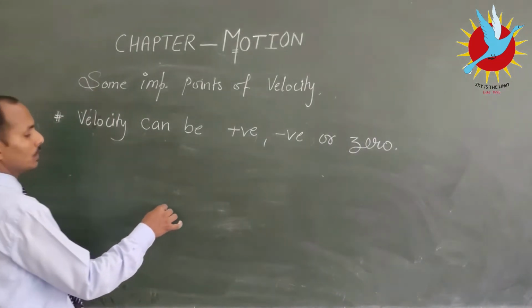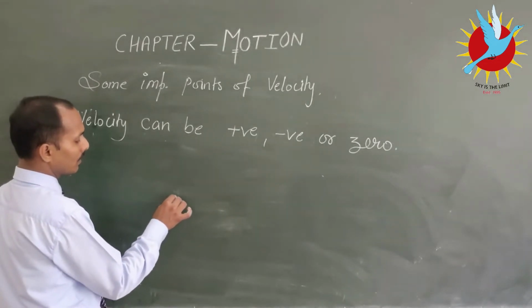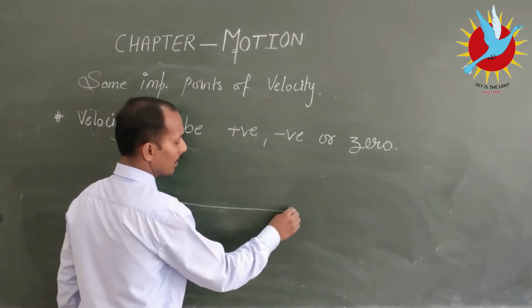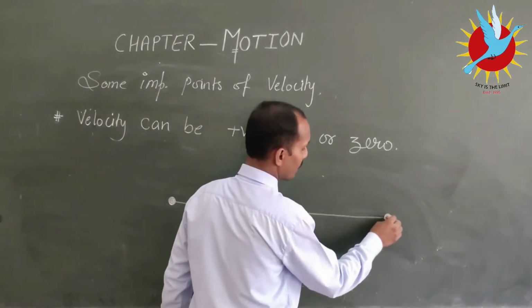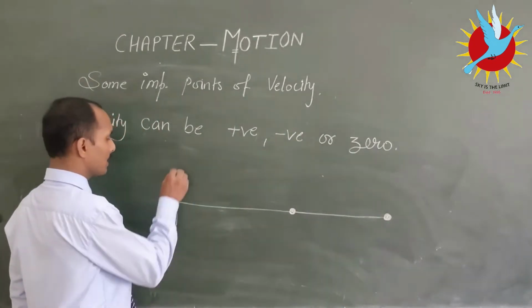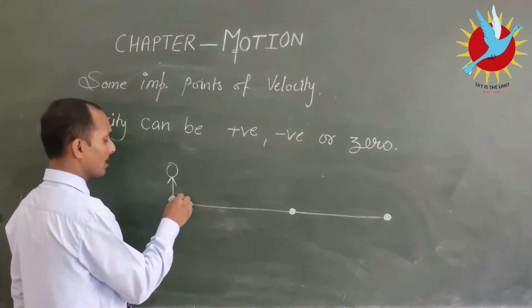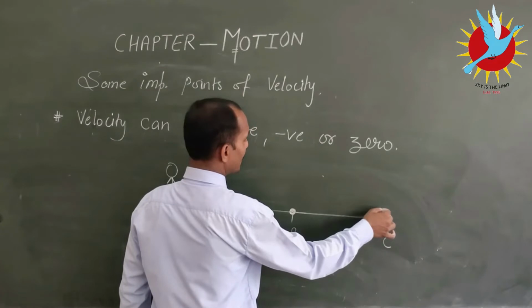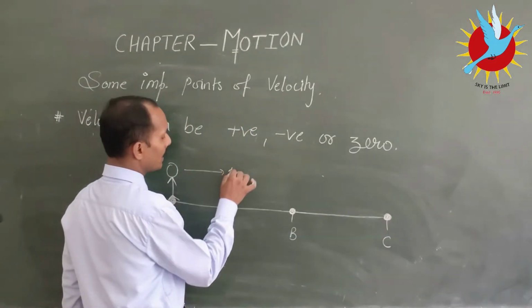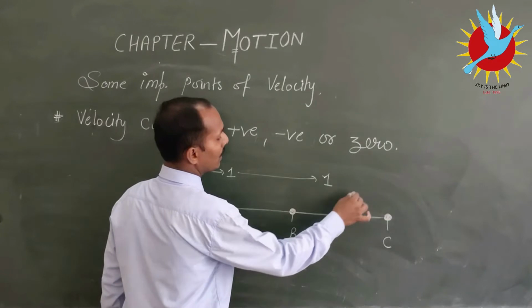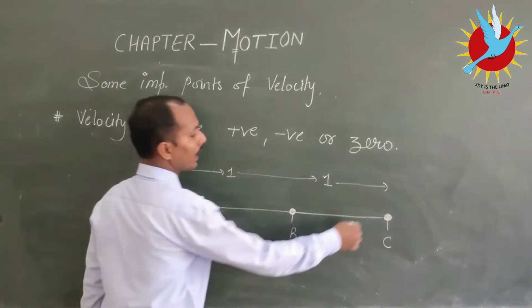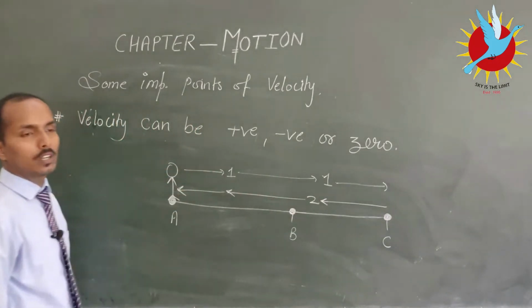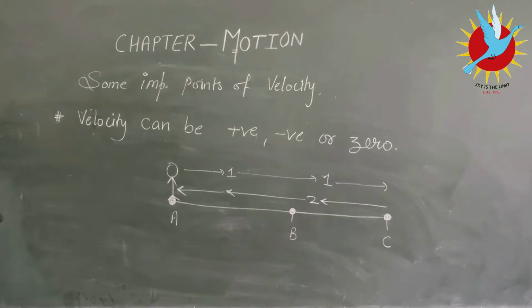A body has zero velocity when, suppose a person starts his journey from point A, and after crossing B reaches point C, then turns back. In the first case it's moving in this direction, but when it reaches point C, it comes back. In the second case it goes back to its previous position.